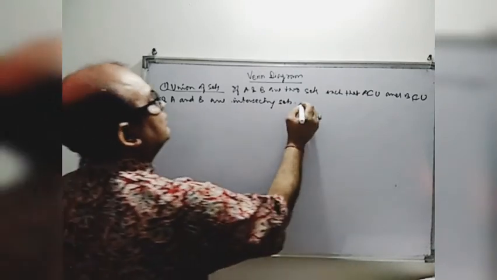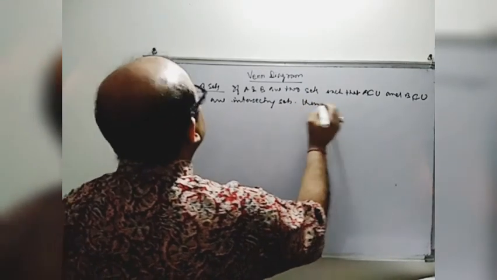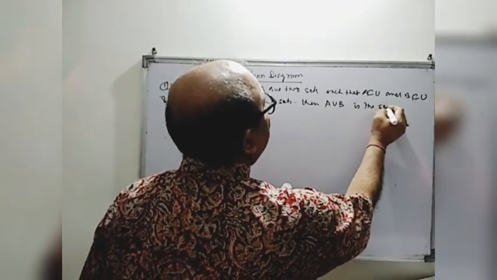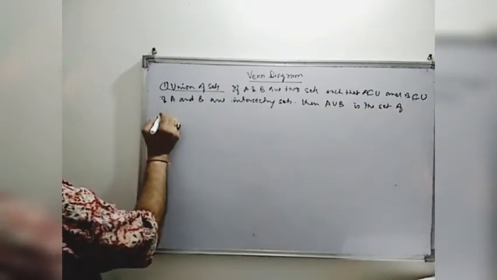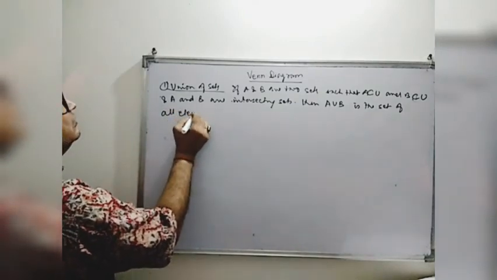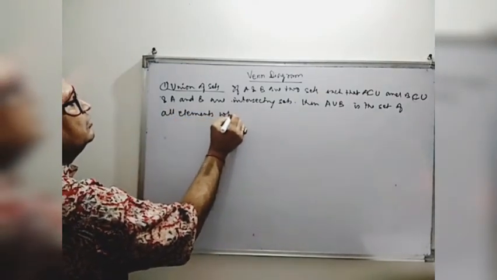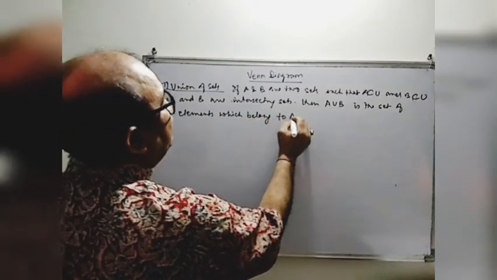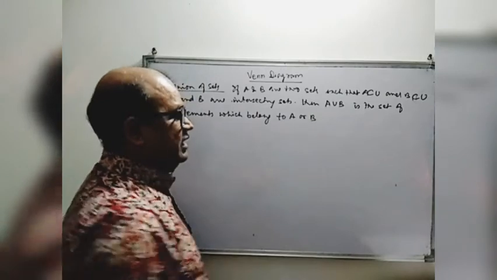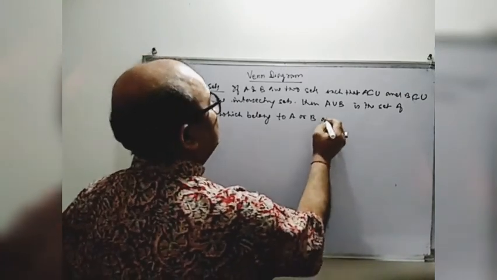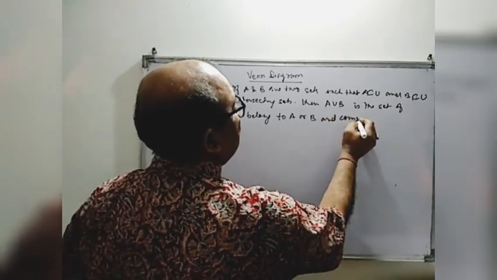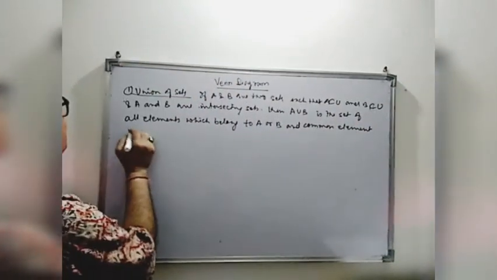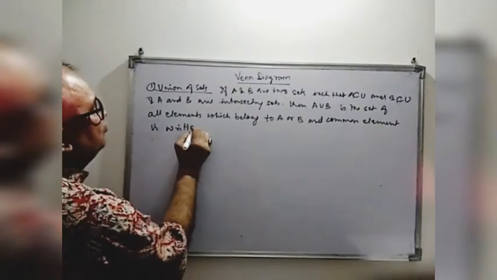Then the union of sets, A union B, is the set of all elements which belong to A or B, and common elements are written once.